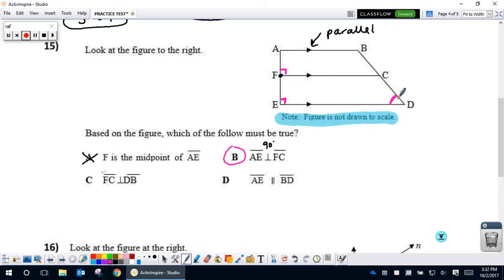We also know that this over here corresponds to this angle, but we don't know if they have to be 90 because they don't tell us. Okay? And that brings us to segment FC. They're saying it is perpendicular to DB. We don't know that, so we can't assume. And then they're telling us that segment AE is parallel to BD. We don't know anything else about that, so we don't know.